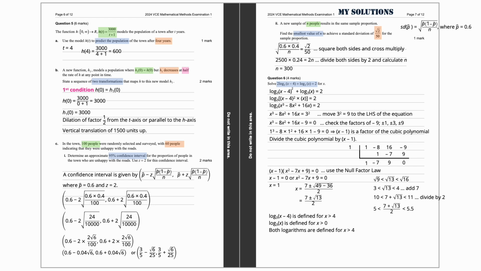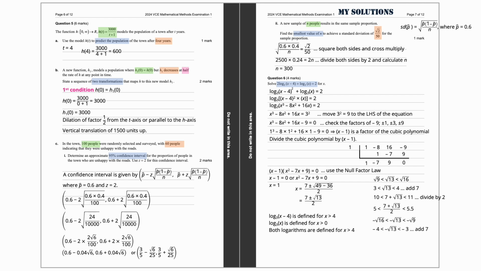Now let's try the second solution. So we start from the fact that negative square root of 16 is less than negative square root of 13, less than negative square root of 9. So negative square root of 13 is between negative 4 and negative 3.